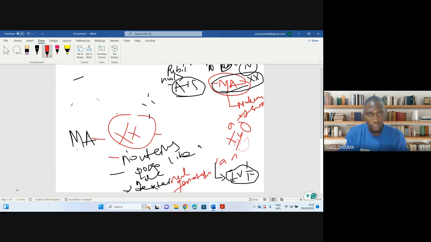So let me not say it's a genetic male, I'm sorry for that. It's male-like. The clitoris looks very large. The patient has features of virilization.